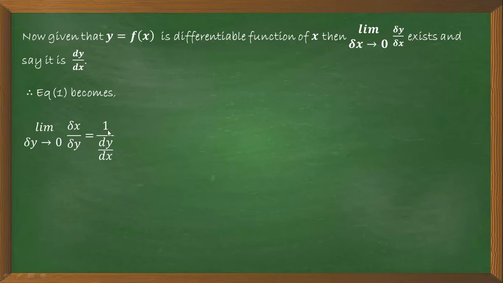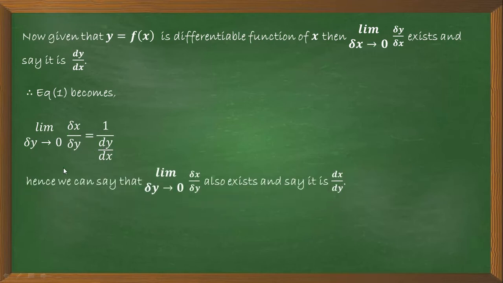Here, this is the answer of this limit. Hence after this step we can say that limit delta y tends to 0, delta x upon delta y also exists, and say it is dx by dy. So this step shows the existence of this limit.